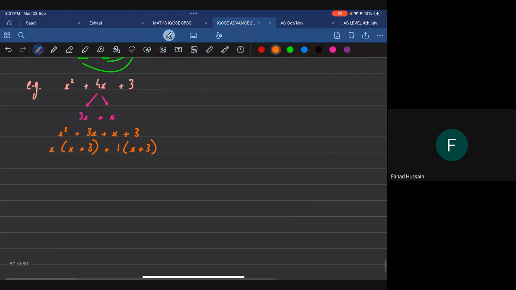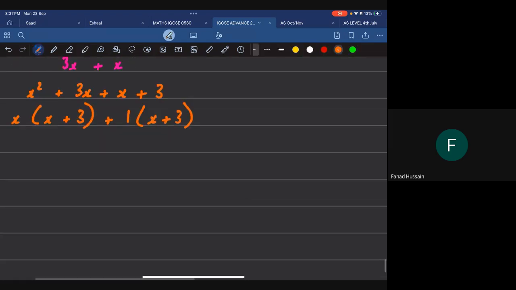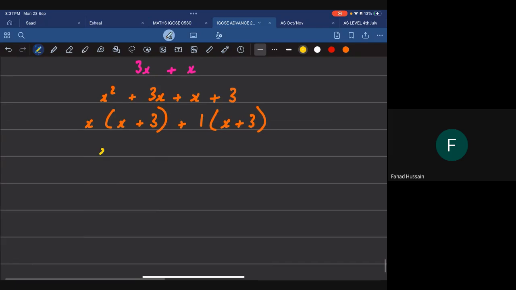So can I not simply write this as x plus 3, or you can say x plus 1? It doesn't really matter because you're multiplying. x plus 3. Is this clear?